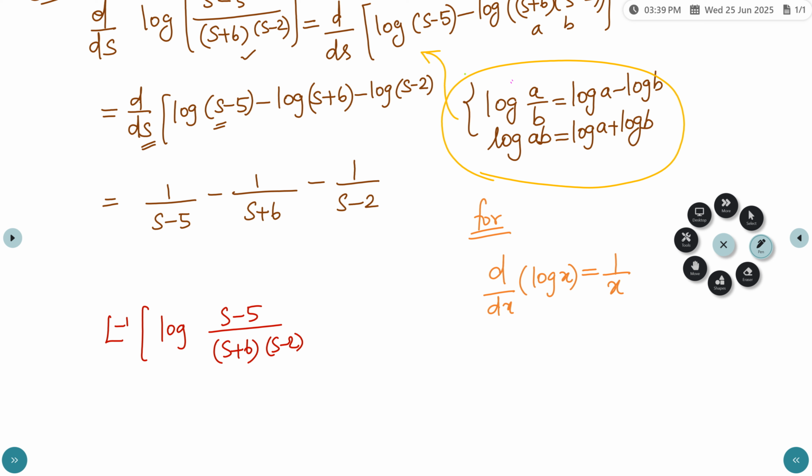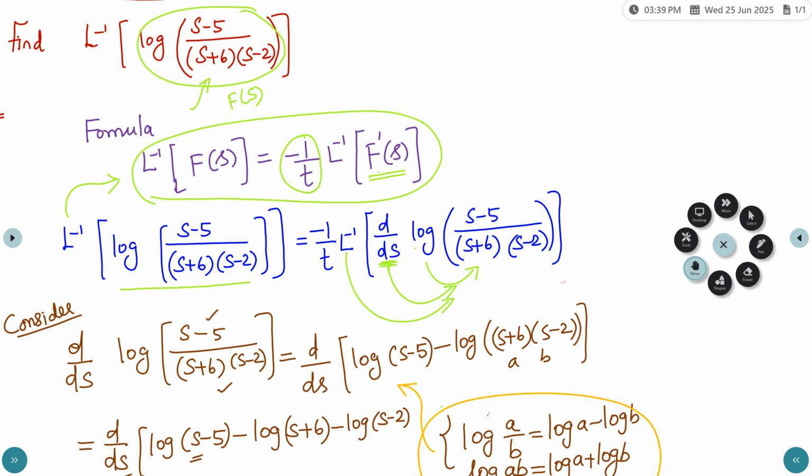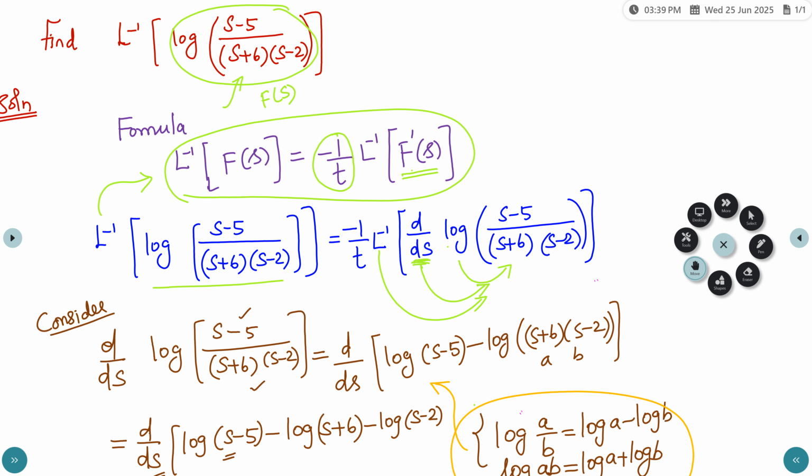So, what is the formula? In the first step, I will tell the formula clearly. Let us see the formula one more time. It is multiplied by minus 1 by t, and then L inverse of f dash of f of s.